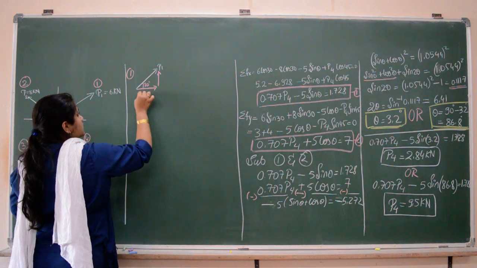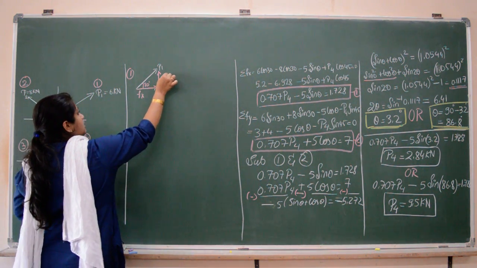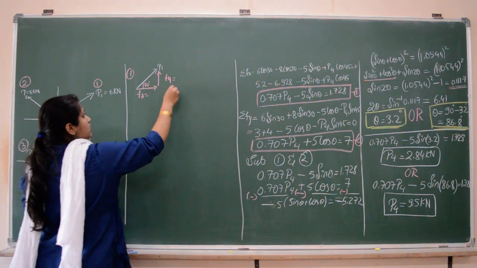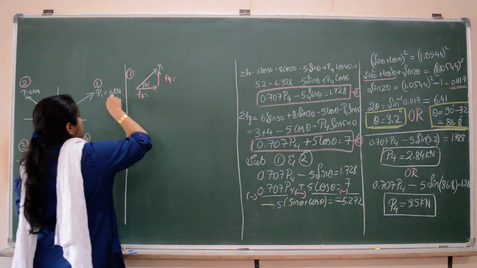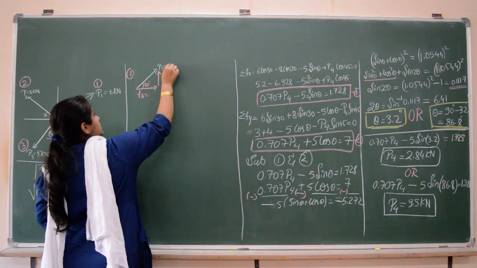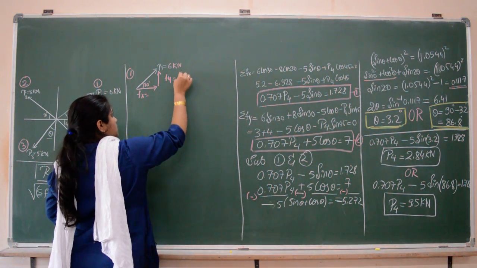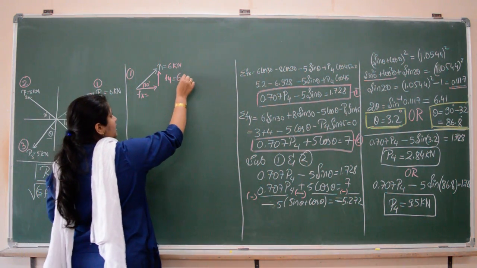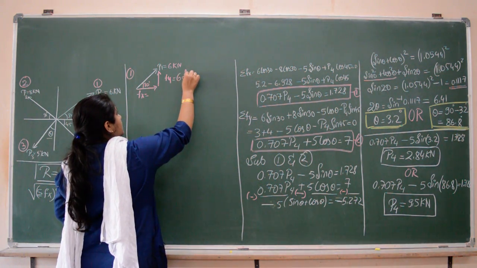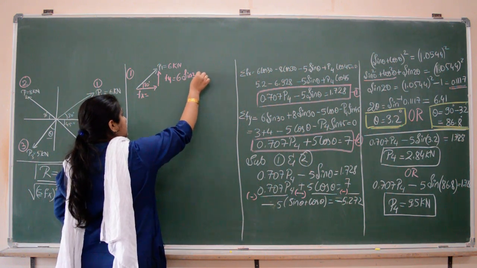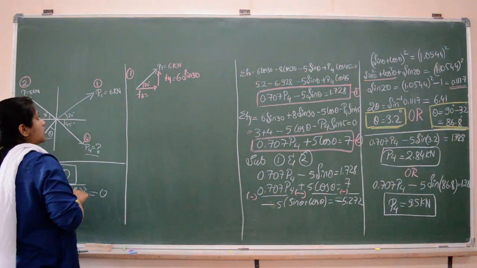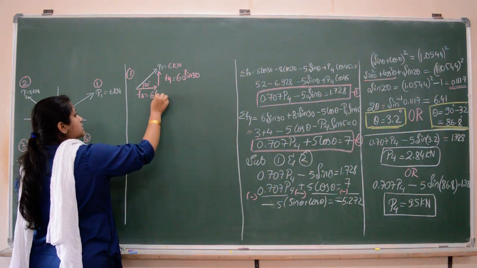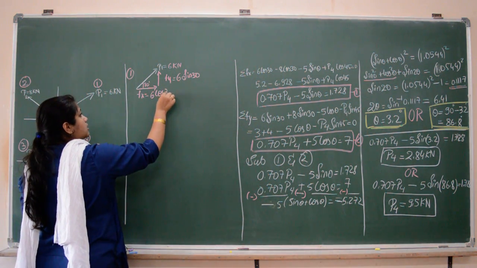This is Fx, this is Fy. Opposite, so this becomes sine. P1 is how much here? 6 kilonewton. So the magnitude of the given force, since it is opposite in direction, is 6 sin 30. Next, this becomes adjacent, so 6 cos 30.